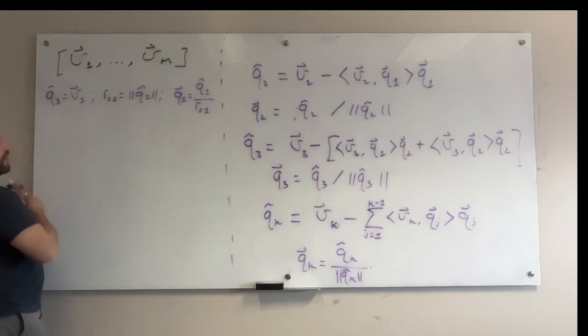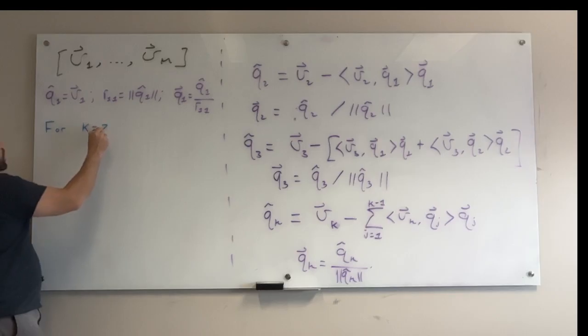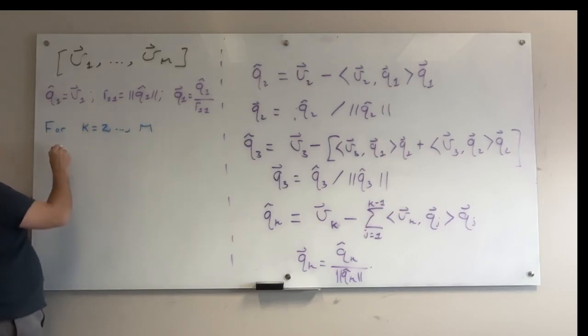Now in the main loop, we're going to have a couple of different things. For k equals 2 to m, we're going to do the following.